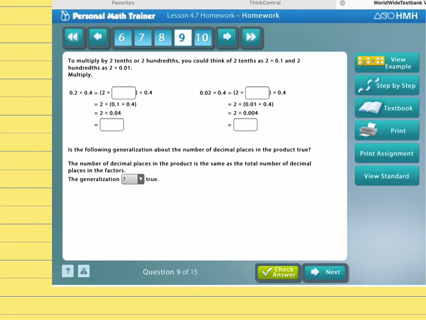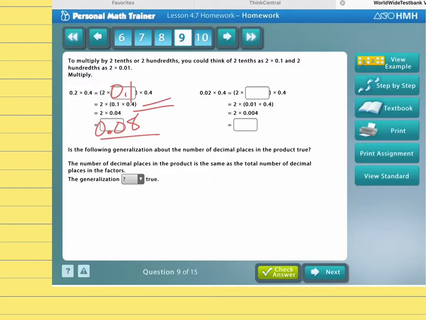Alright, we're going to use the distributive property here. 2/10 is the same as 2 times 1/10 here, times 0.04, which is the same as 2 times 1/10 times 0.04, which is the same as 2 times 4 hundredths, which is the same as 8 hundredths, like that.